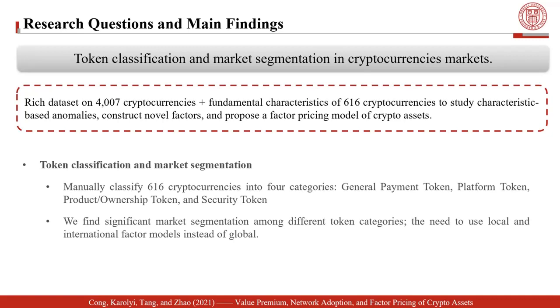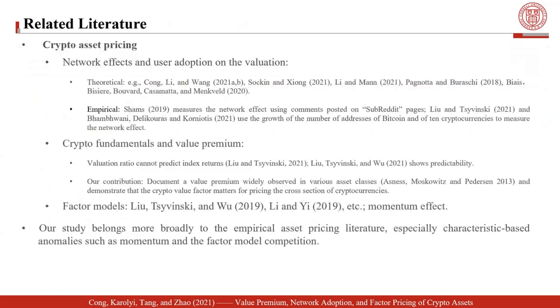We describe their characteristics and aggregate patterns within each category, but more importantly, we show their strong market segmentation across the token categories. That means the categorization is important, and at the same time, when we think of factor pricing models, it's important to use local and international factor models, at least at this stage, instead of global factor models.